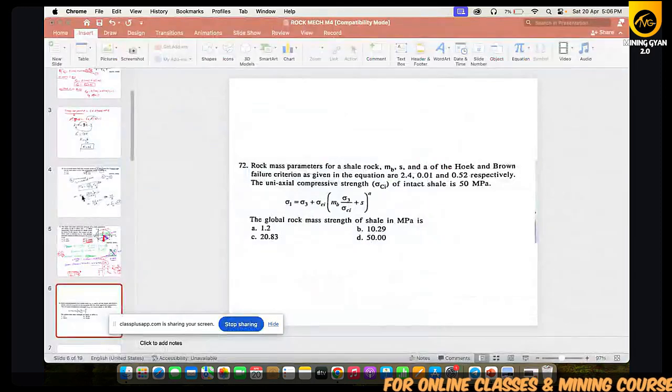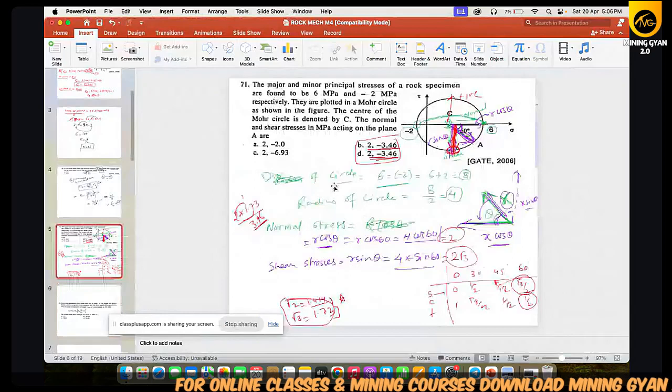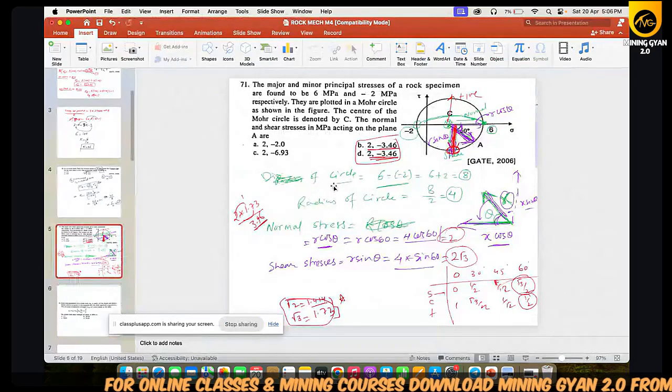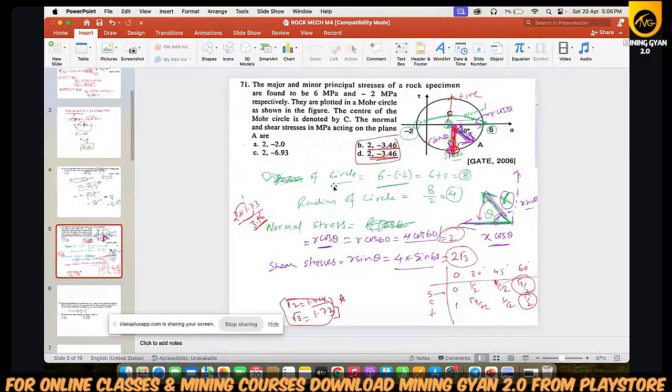I don't know whether they have given extra marks for the question or eliminated it, but our answer should be 2 comma minus 3.46. In this question they have printed it wrong, or I don't know. In the options they have mentioned B and D, but our answer should be: normal stress is 2 and shear stress should be minus 3.46.